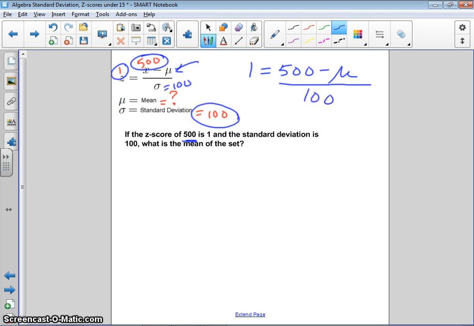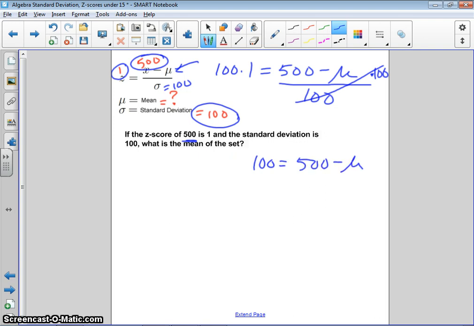Now the very first thing I'm going to do in this problem is multiply both sides by 100. Over here it's just going to cancel that out. And then 100 times 1 is 100. So I'll go ahead and skip on down here. 100 is equal to 500 minus the mean.